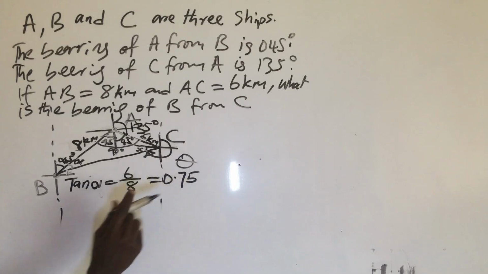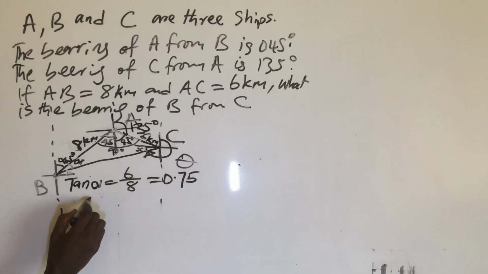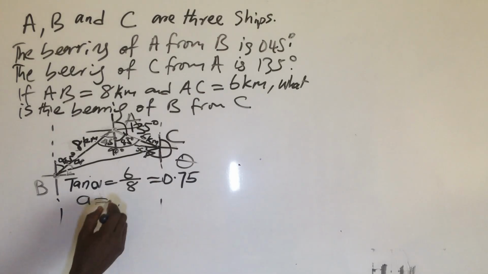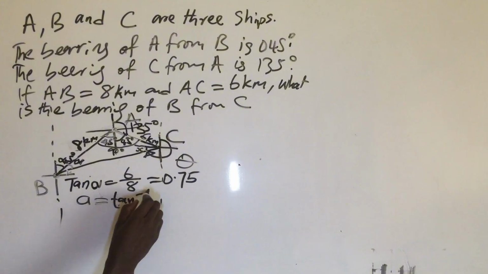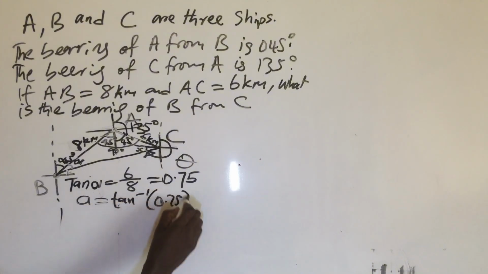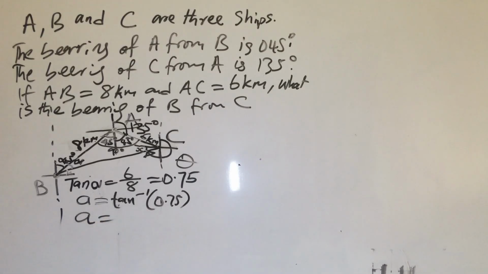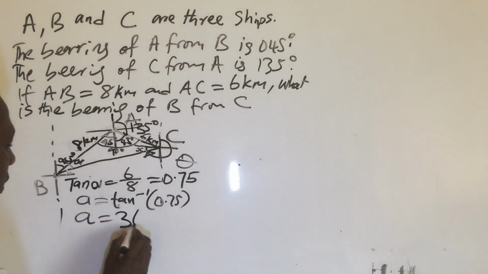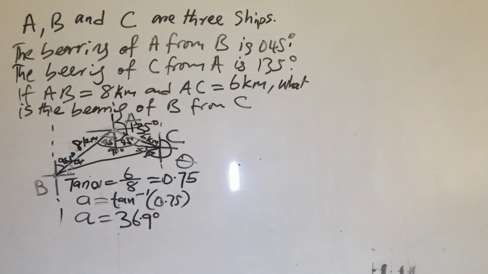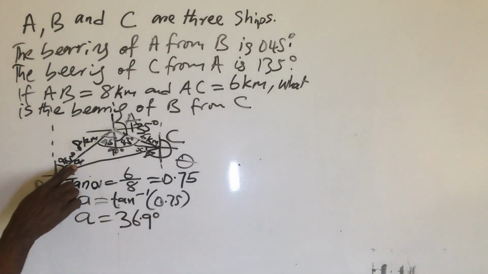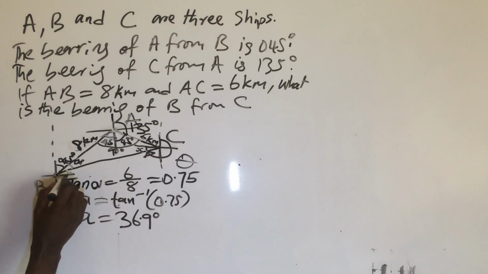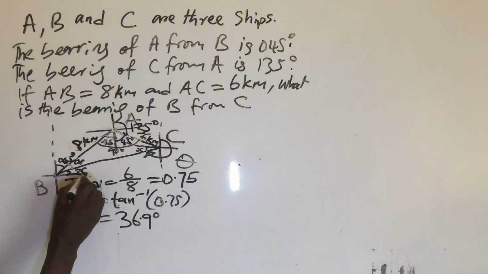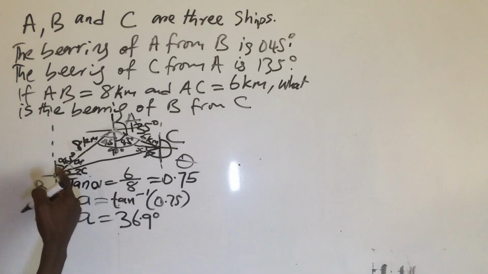Taking tan inverse of 0.75, making A the subject of the formula, A equals tan inverse of 0.75. And the tan inverse of 0.75 will be what? 36.9 degrees. So A here is 36.9 degrees. Let us find this angle, let's call it x. Because the angle here is equal to this one, it will also be x.